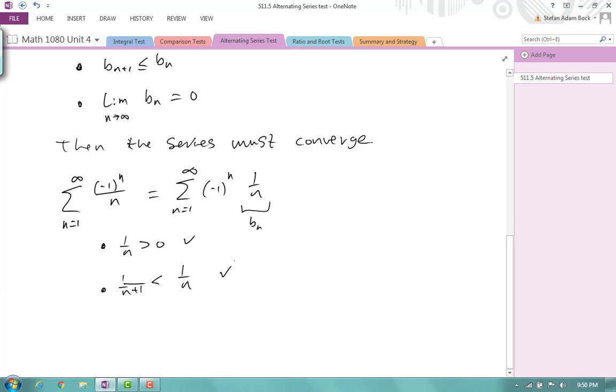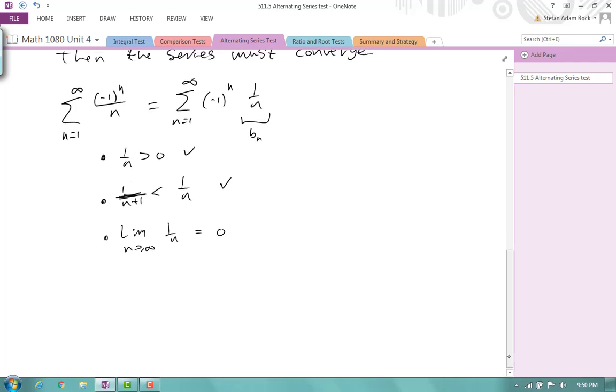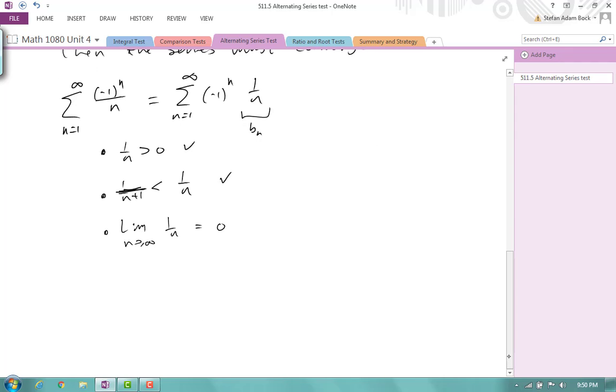That's always true, so this is a decreasing sequence. And the limit, as n goes to infinity, of 1 over n is definitely equal to 0. So unlike the regular harmonic series, the alternating harmonic series must converge.